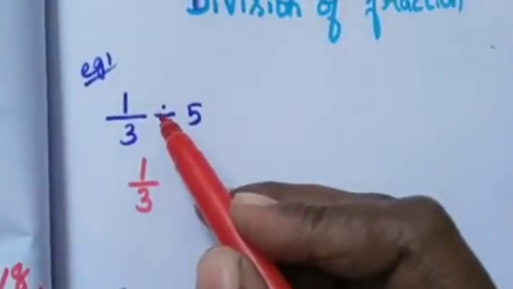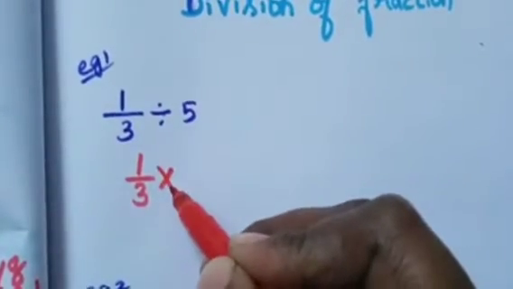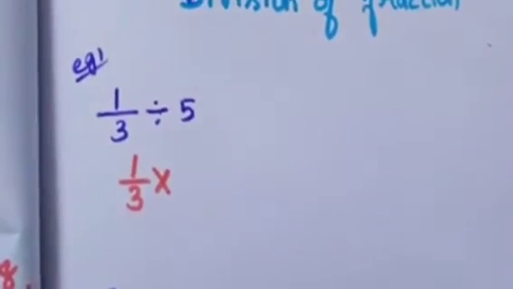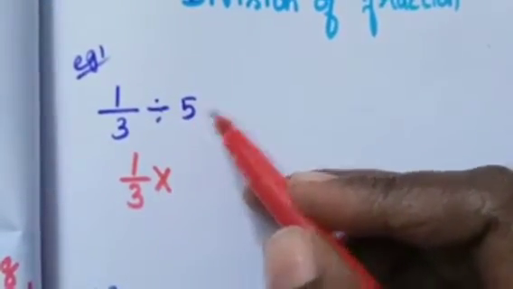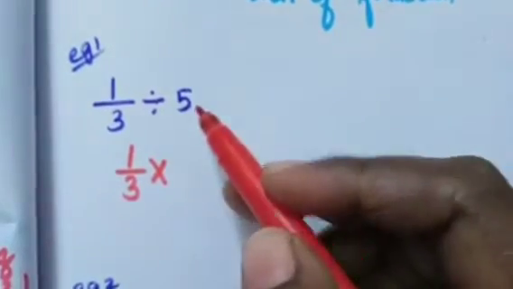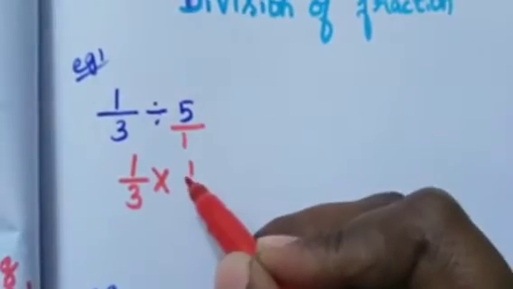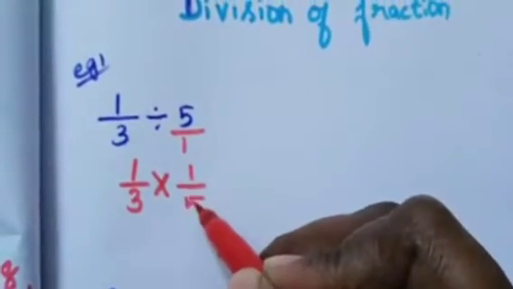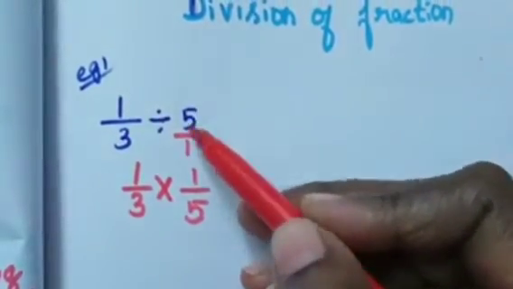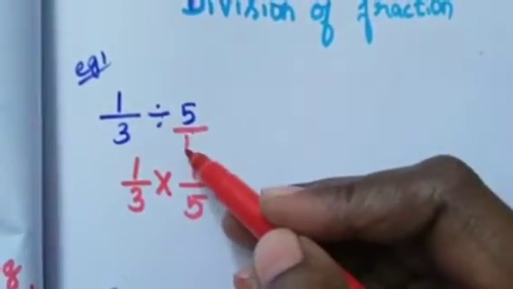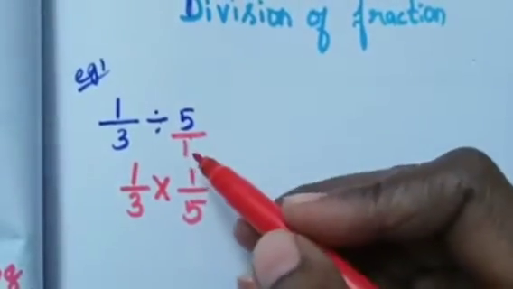Then we are going to change the division symbol into the multiplication symbol and write the multiplicative inverse of 5. The multiplicative inverse, or the reciprocal, is 1 by 5, because we know that a whole number has denominator 1.